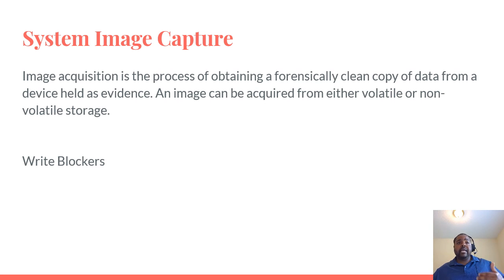Because if it goes into a court of law and they can prove that you opened something by mistake while doing forensics on the machine, they can end up throwing that whole machine out because it's been tampered with. That's why we use system captures, and that's why we use write blockers, to avoid that.